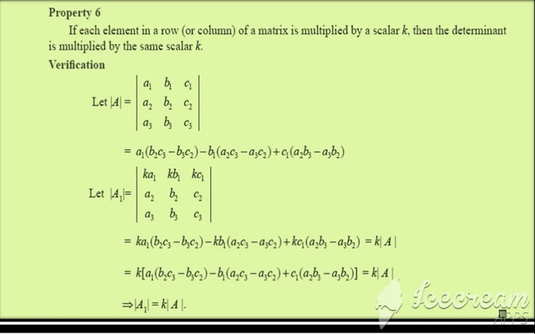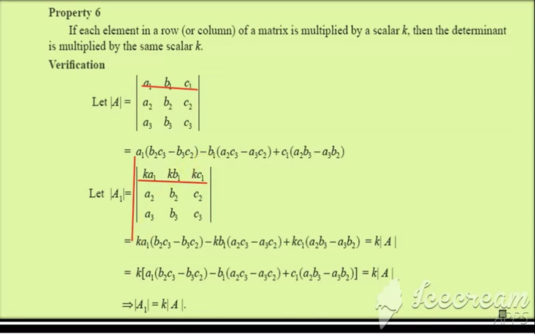Next we have to find out the determinant of A1. So what I did here, I am multiplying a scalar k in row 1: k into a1, k into b1, k into c1 in the determinant of A1. I am going to expand this: k into a1, so row and column will be cancelled.